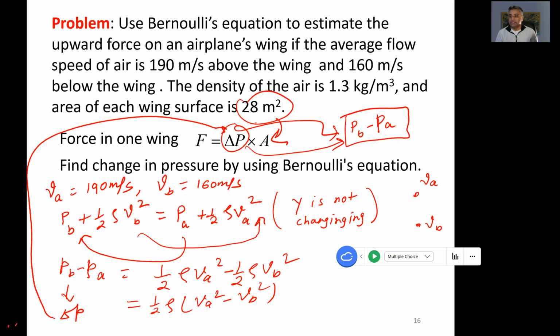Oh, there is a question. How did we get F is delta P times A? Anybody know the answer?